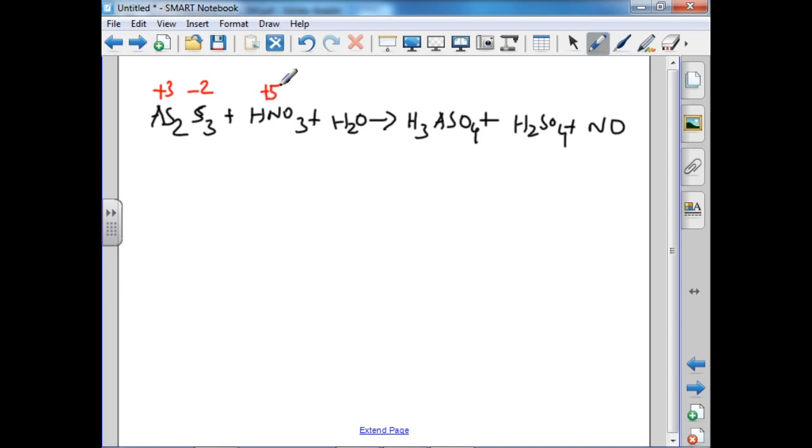The oxidation state of arsenic in H3AsO4 is plus 5. The oxidation state of sulfur in H2SO4 is plus 6. The oxidation state of nitrogen in NO is plus 2.